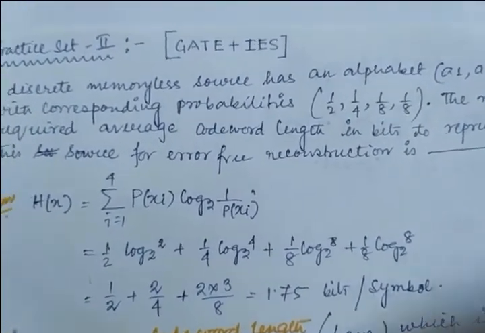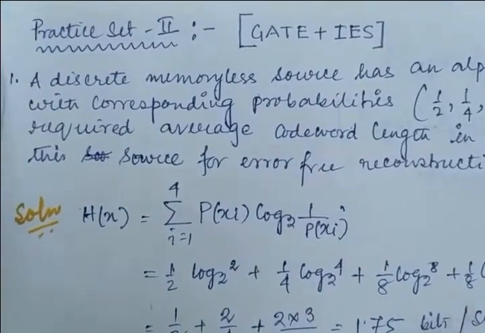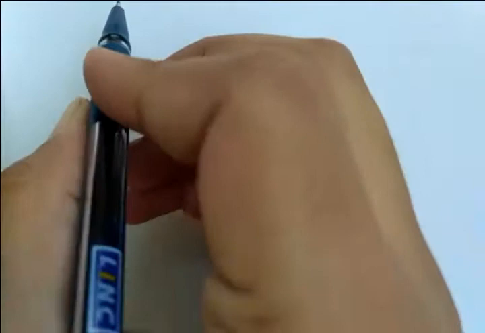Okay, so now I will write some tricky points to solve the question. You have a source, and the source is defined by DMS, right?